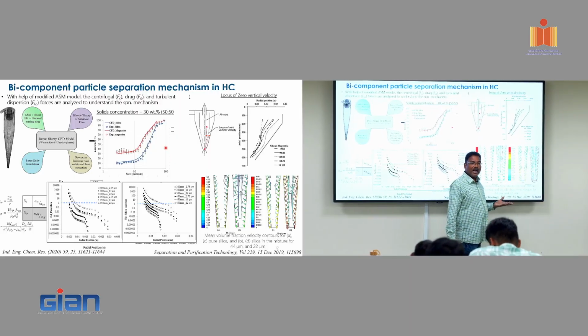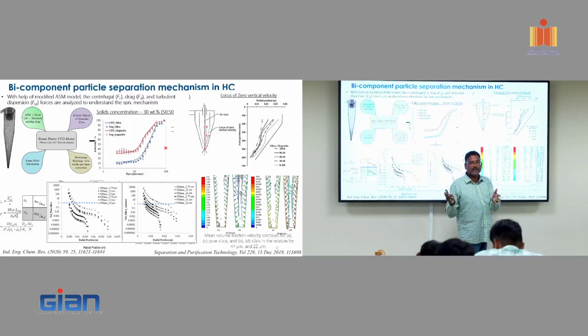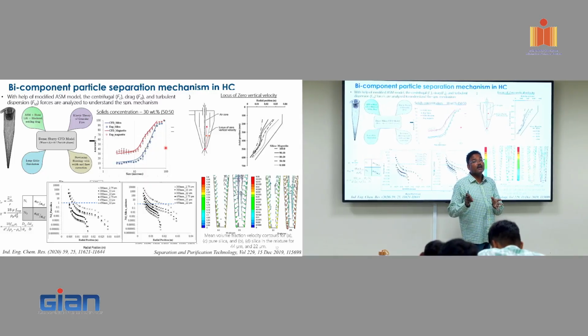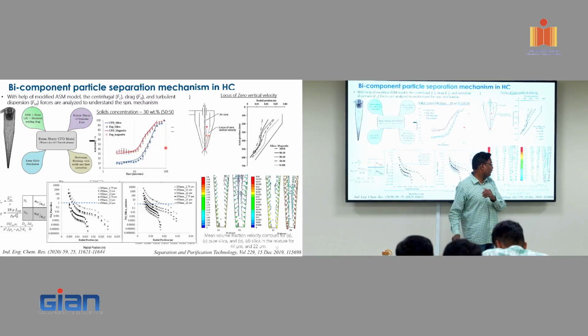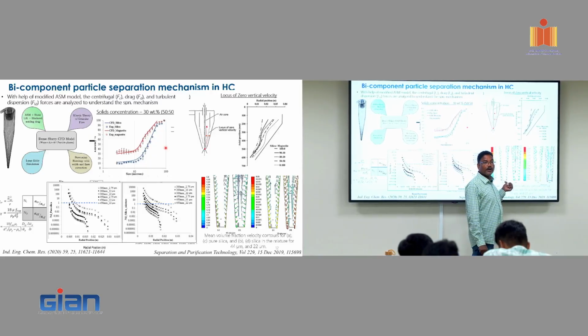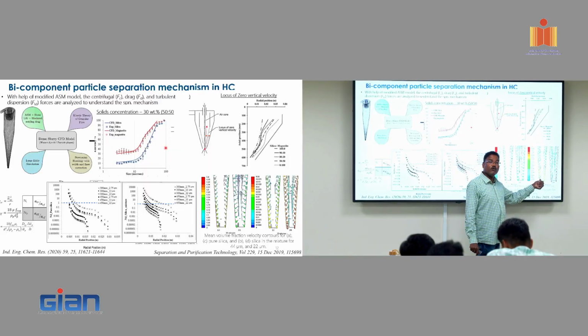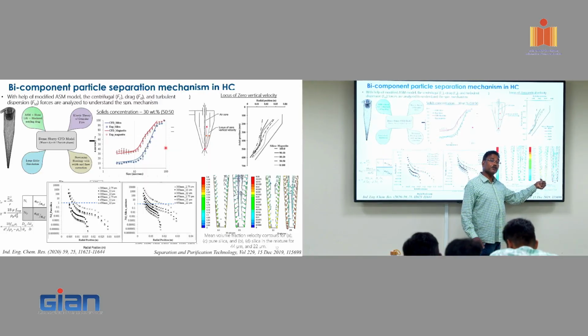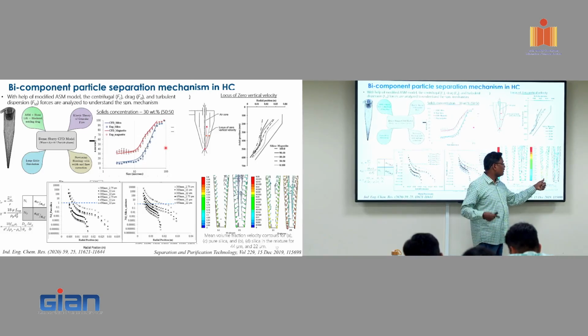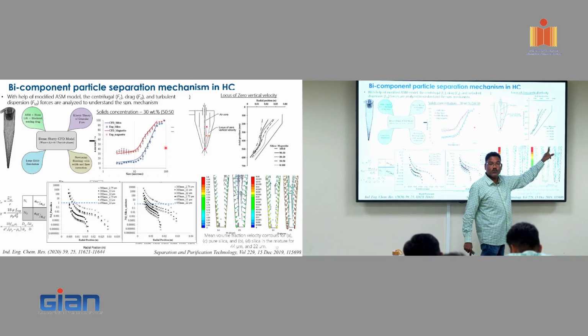That means ideally for that size of cyclone, a 44 micron coarser particle is supposed to report to the underflow as per the pure component. But the moment you have a mixture, it is also taking a detour towards the overflow.